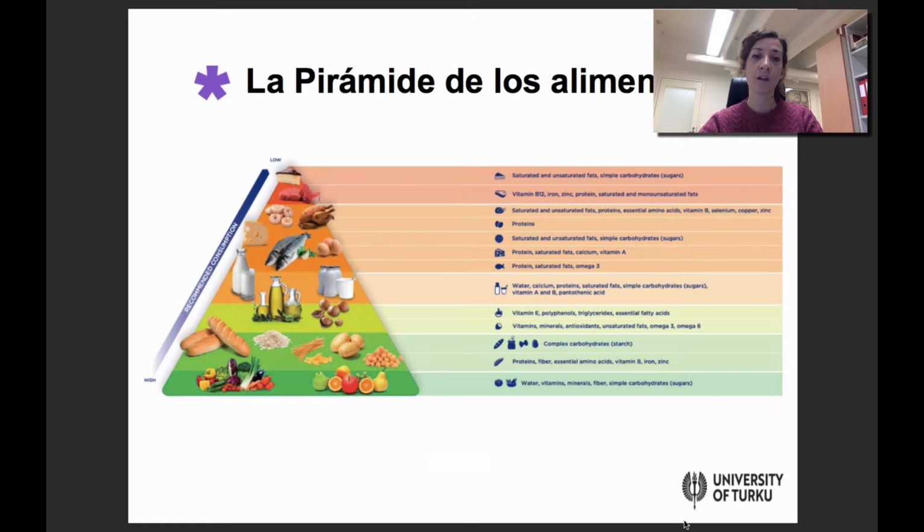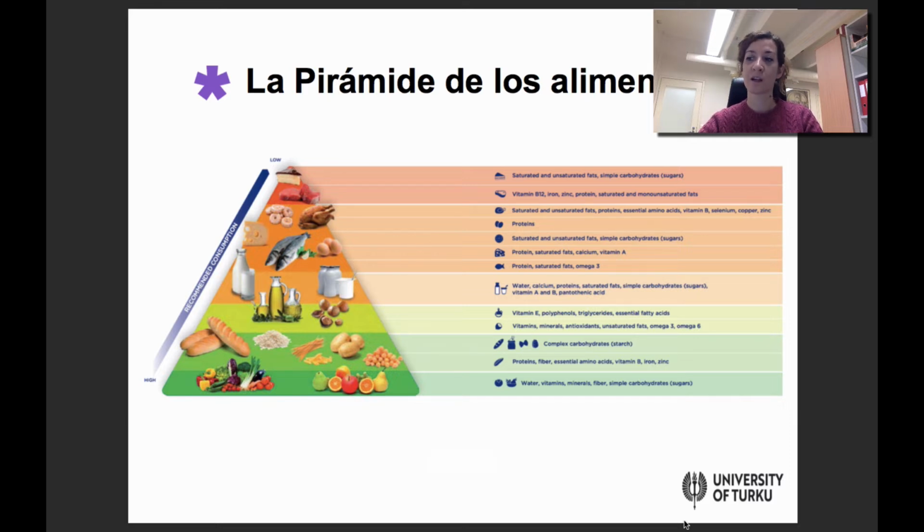And at the very top, we have meat and sweets. So on the tip of our pyramid, we have those foods that are rich in saturated fats and in sugars, and also meat, and especially red meat.